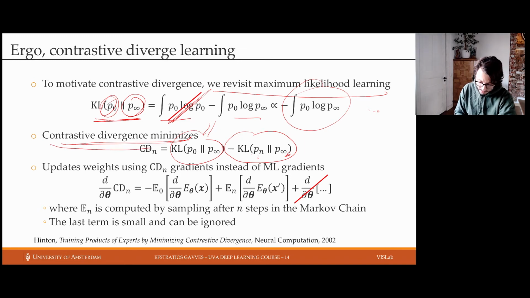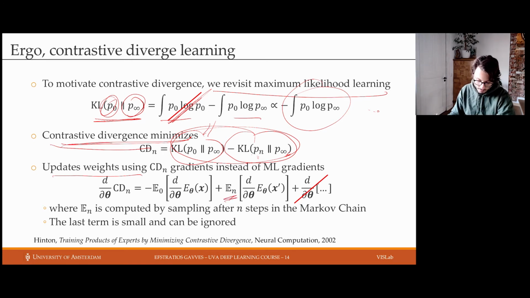With contrastive divergence, basically what we do is take the difference of the two divergences, and then we compute the gradients of that quantity, the contrastive divergence quantity, and update the weights accordingly. So instead of using the maximum likelihood gradients to update our weights, we're using our contrastive divergence gradients.